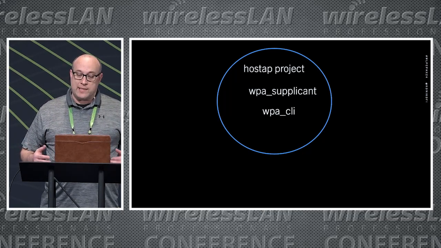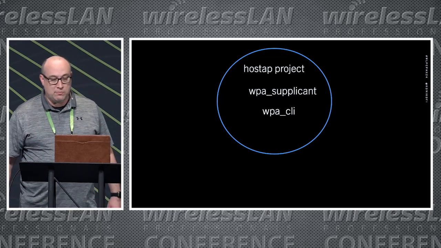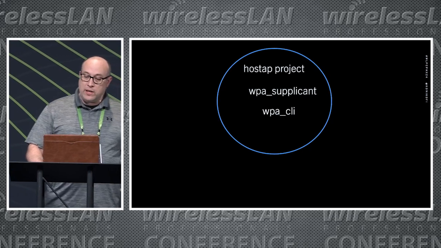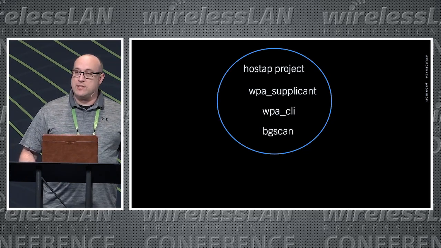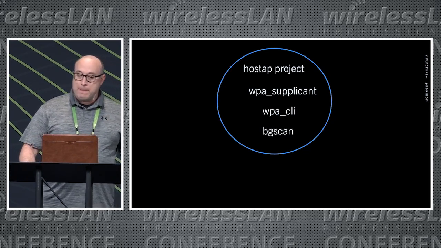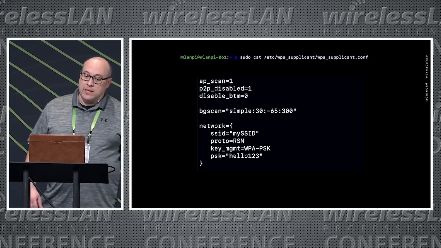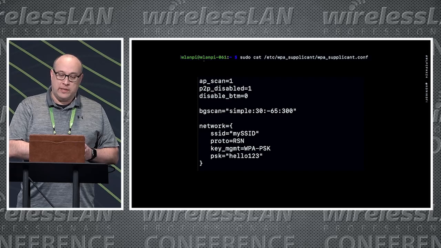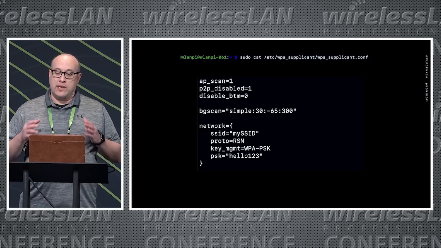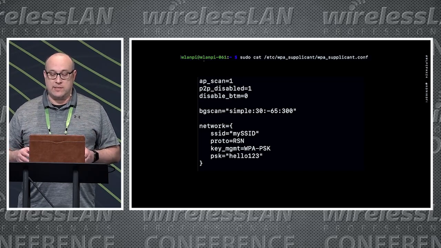Well, that's great, but that's a manual process, and we needed something more automated that would behave like the mobile device. So we looked at another supplicant feature called BG scan, background scan. And the way background scan works is you define 3 parameters. There's a short scan interval, here it's set to 30 seconds. There's a RSSI threshold, here it's -65.